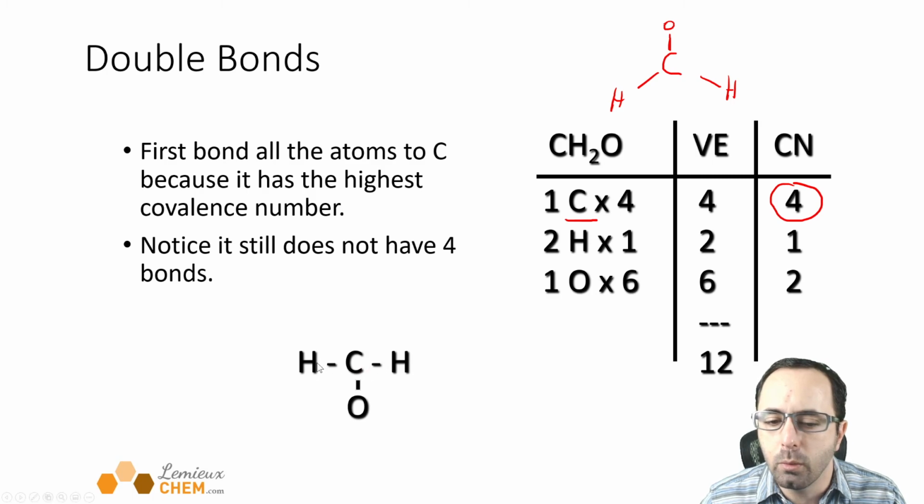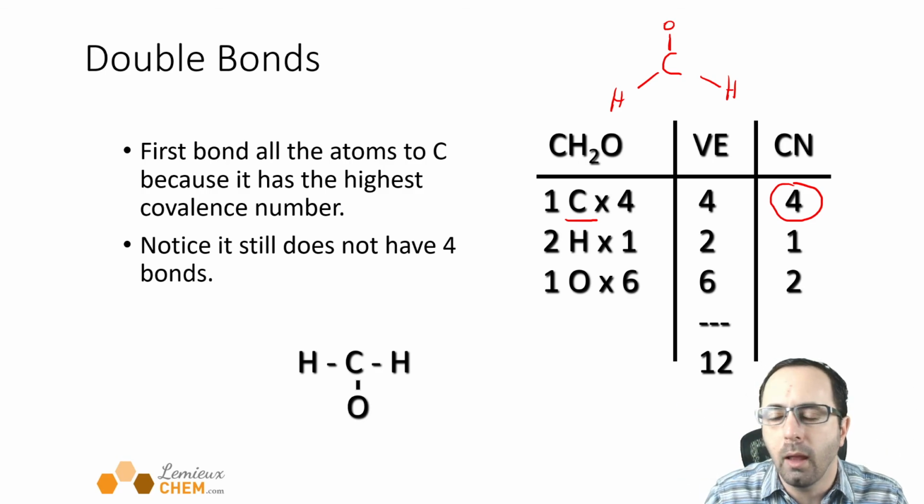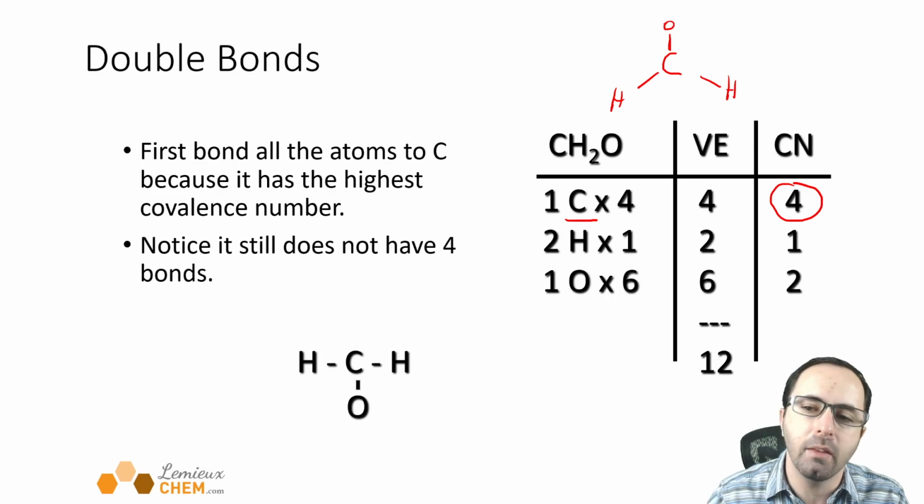I also drew it with the hydrogens at slightly different angles. That doesn't matter, okay? The real molecules, they're flipping upside down all the time, and they're wiggling around. Besides, the Lewis structure is not a real molecule.